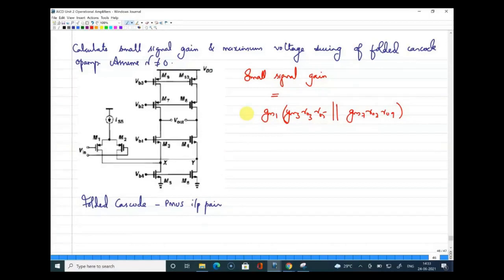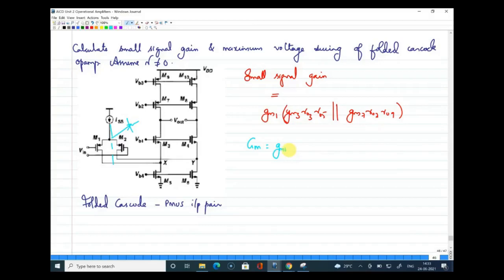So what you have to do here is, you have a fully differential circuit, so you can assume that the input is asymmetric and the circuit is symmetric. So this is the line of symmetry. This will be ground, right? If that is the case, you have capital Gm as gm1.